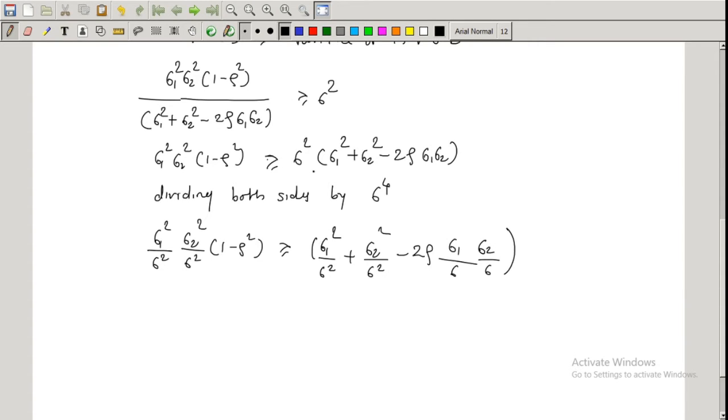In this way, by dividing by sigma raised to 4, only sigma square remains in the denominator.